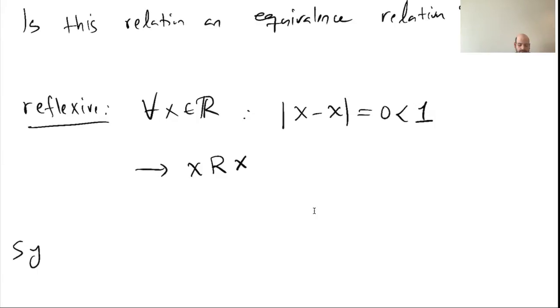So x and y is in R and y and z is in R. But x and z is not in R. So that means R is not transitive. R is not transitive means R is not an equivalence relation.